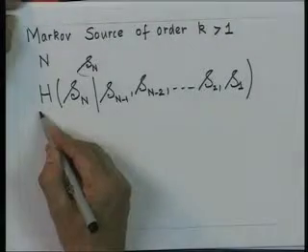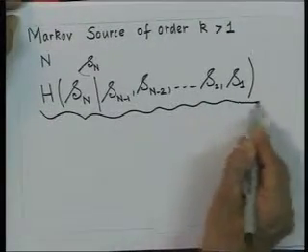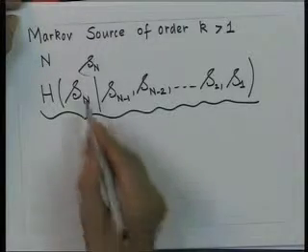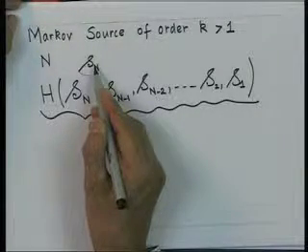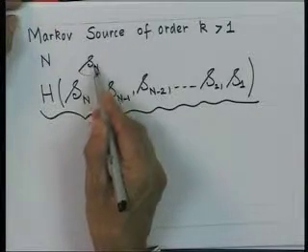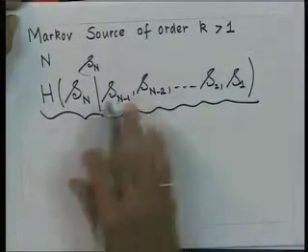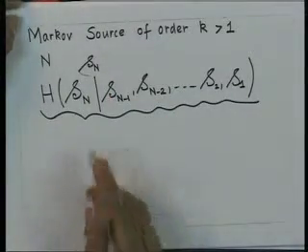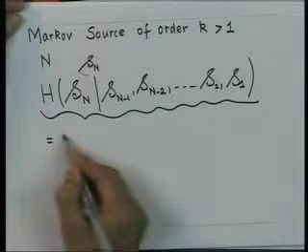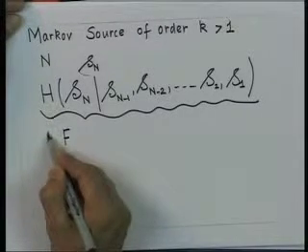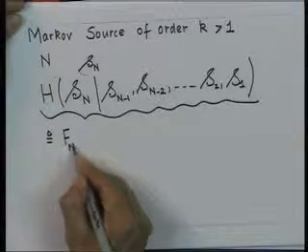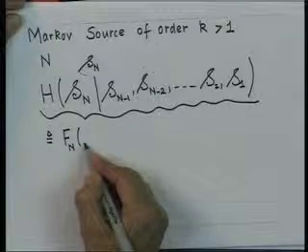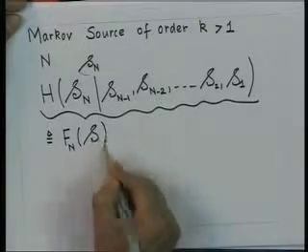So, this is the additional information which I get when I observe symbol Sn at time instant n. Now, this quantity I will define it to be as, by definition I will call it as Fn of S.